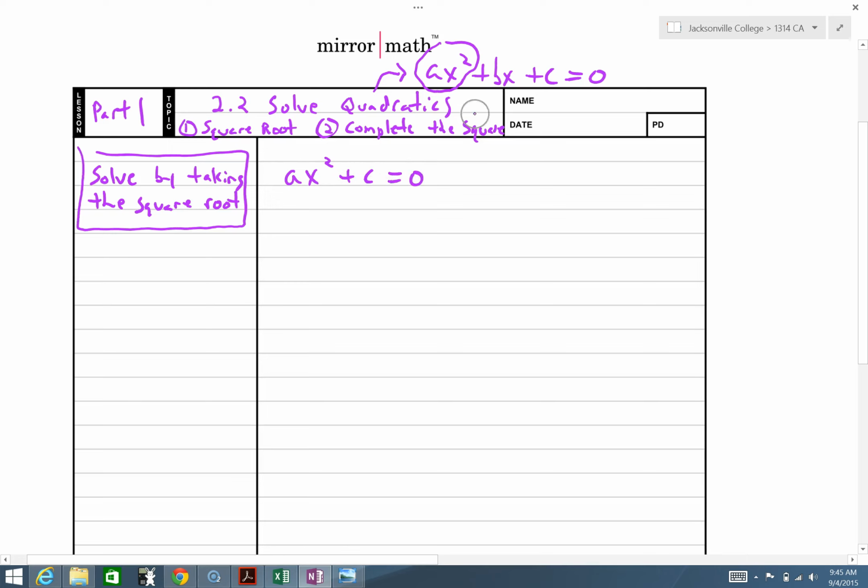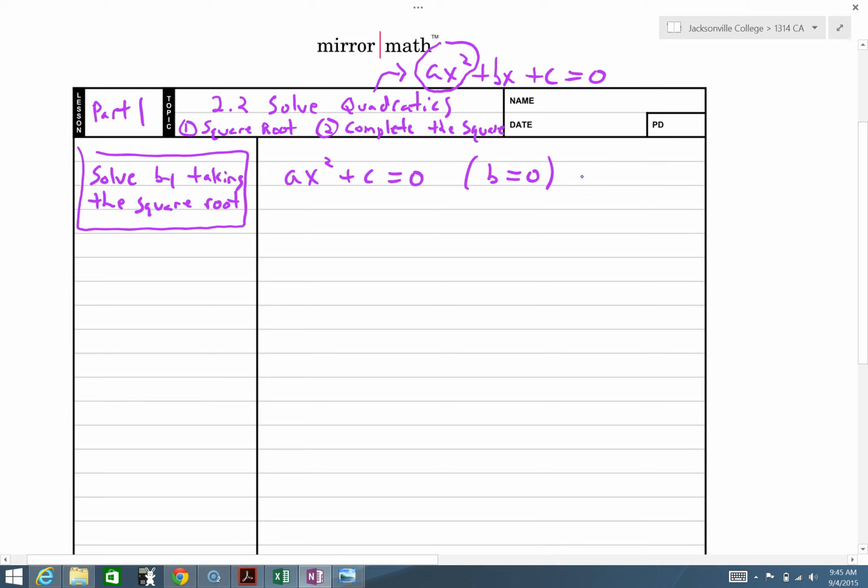Notice that we're missing this bx term. You can think of b being 0. So if we have a quadratic that only has the squared term and no linear term, we're going to be able to solve by taking the square root, and you're going to see this process is pretty straightforward. In this case, b is equal to 0. There is no linear term.